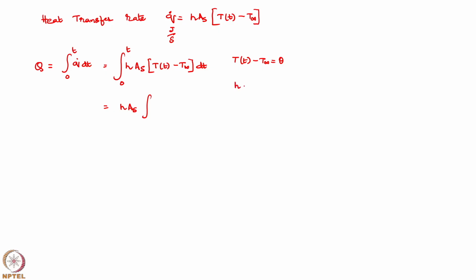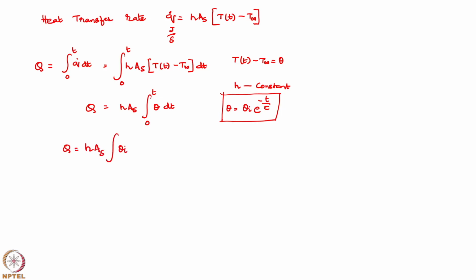That means I have considered that h is constant. So I can write this as integral of theta dt between the limits 0 to t. If you recall, we just derived theta equal to theta I into e to the power of minus t by tau. So you can get Q equal to h A s integral of theta I e to the power of minus t by tau dt from 0 to t.